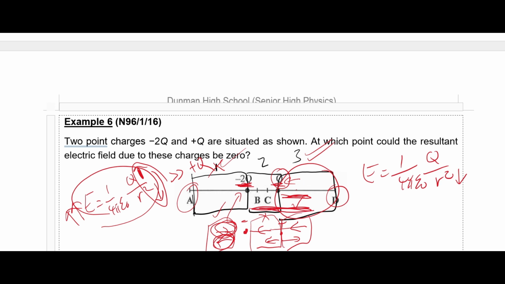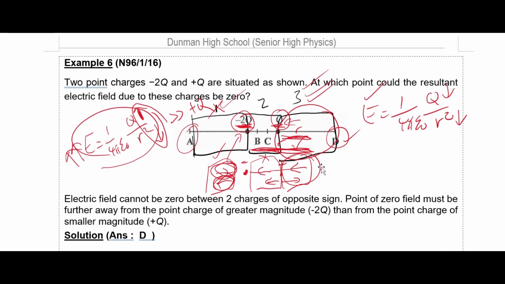So this is the r for positive q, this is the r for 2q. Even though it has a smaller charge, it is possible for its field to equal the electric field of the -2q charge on this side. So the answer should be region 3, and therefore the only possible answer is D. You can pause and read the solution if you wish to.